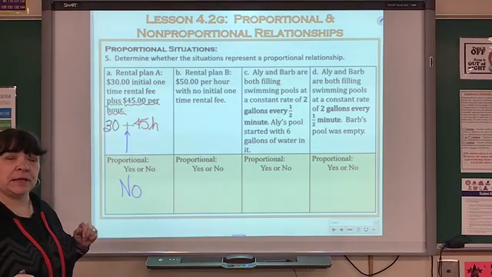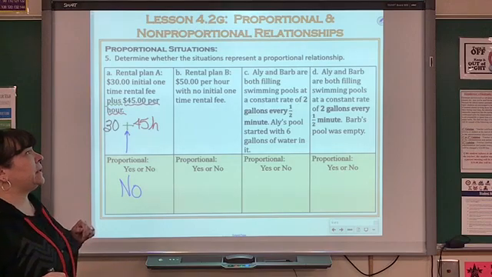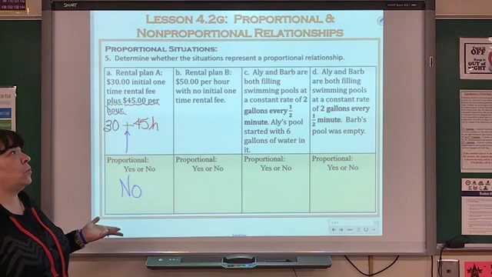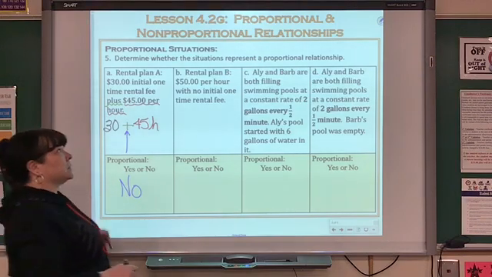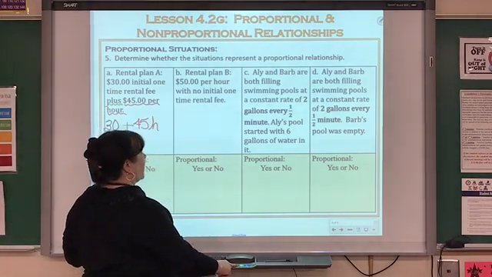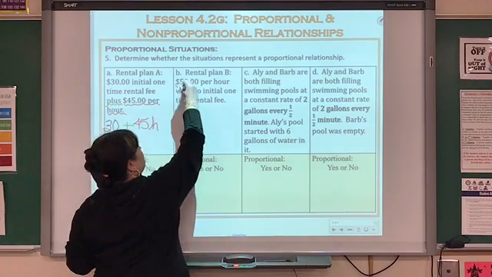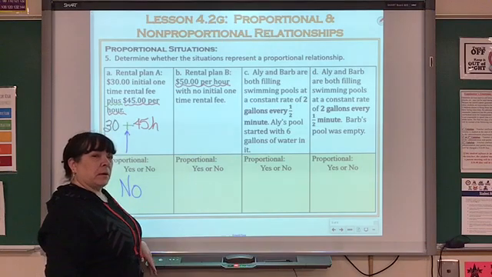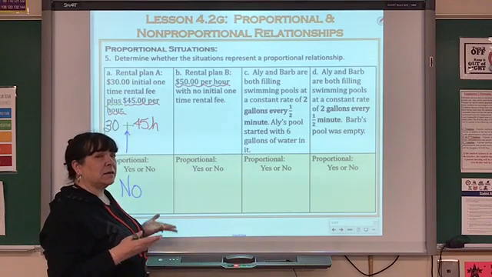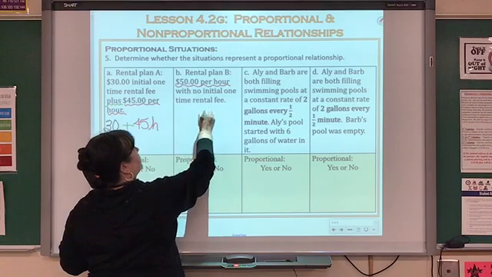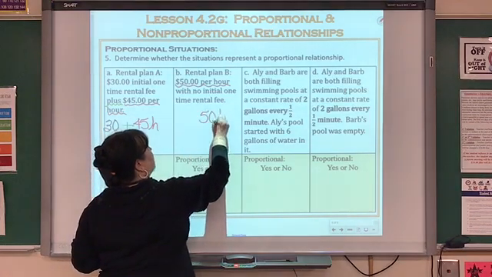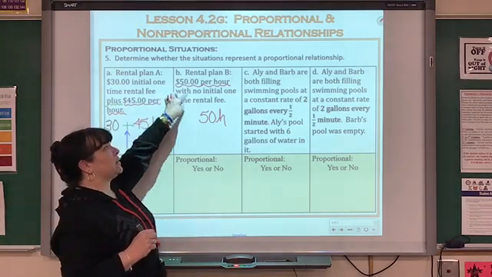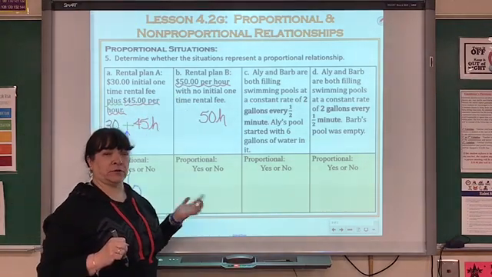Look at rental plan B. Rental plan B says $50 per hour with no initial one-time rental fee. So right there, I have $50 per hour. That is a unit rate. Remember, my unit rate is my proportional constant. I could write that as 50 times H, and this says with no initial rental fee.